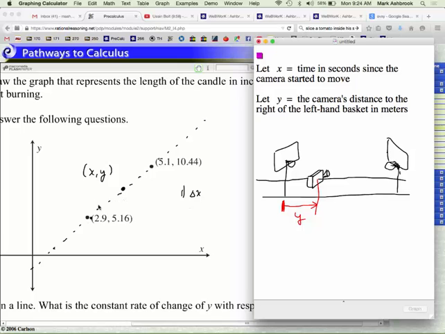Change in x, which would be, so I could use either point that we know. I'll use this one. My change in x was, so what was this point? 2.9 and what?